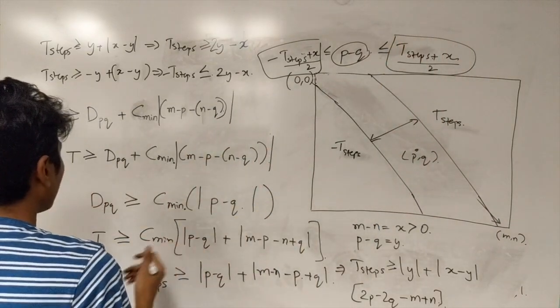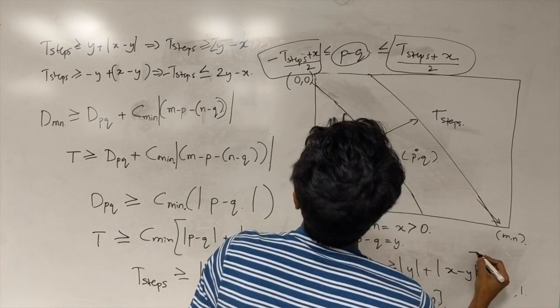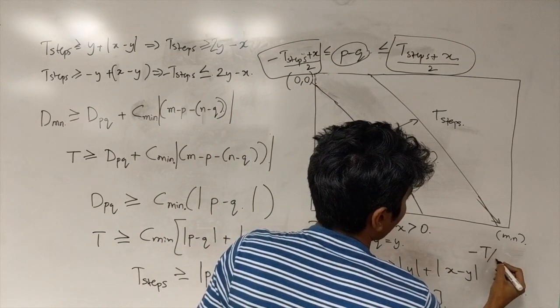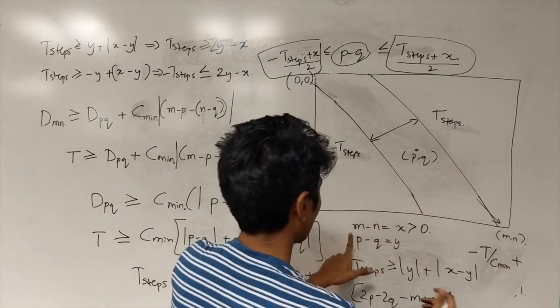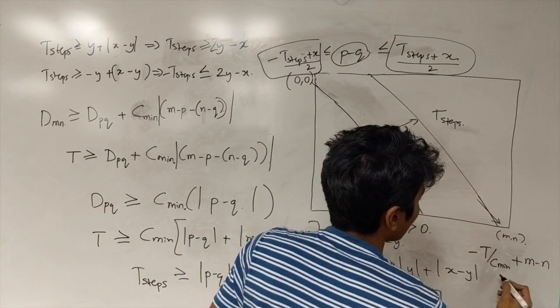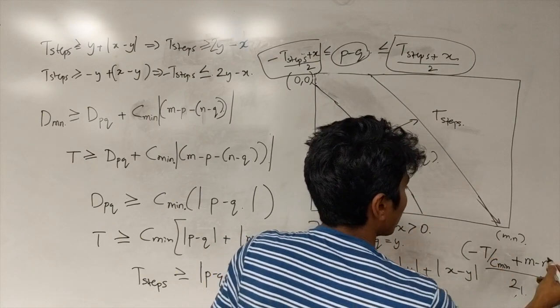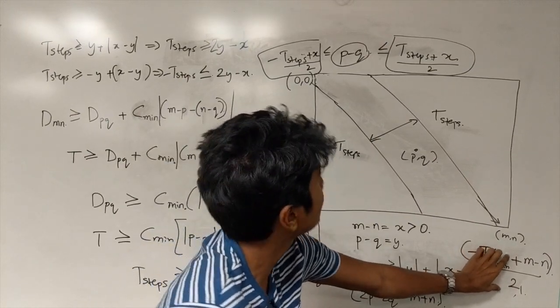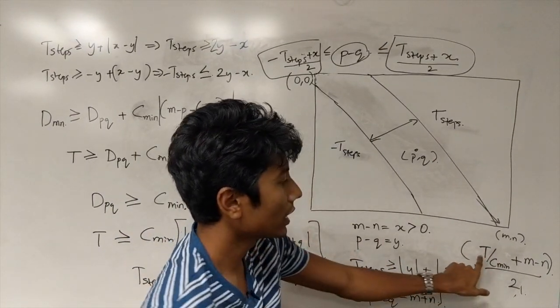All right, and writing that neatly, this will turn out to be minus t by c min plus m minus n, the whole thing divided by 2, right? I'm sorry, this is not minus t by c min, this is t by c min.